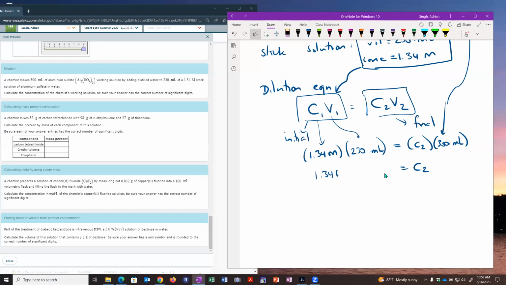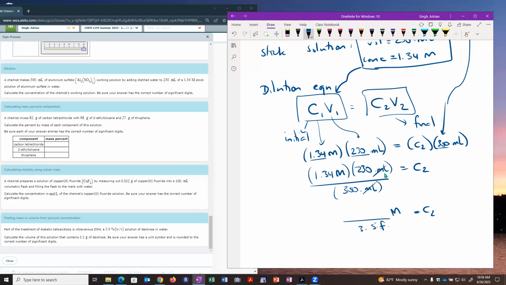In other words, I just need to divide both sides of this equation by 300. So milliliters go away. I end up with molarity, M as my unit. I need to evaluate this in my calculator, and I have 3 sig figs, 3 sig figs, 3 sig figs. So my final answer here, going around this, the 3 significant figures.